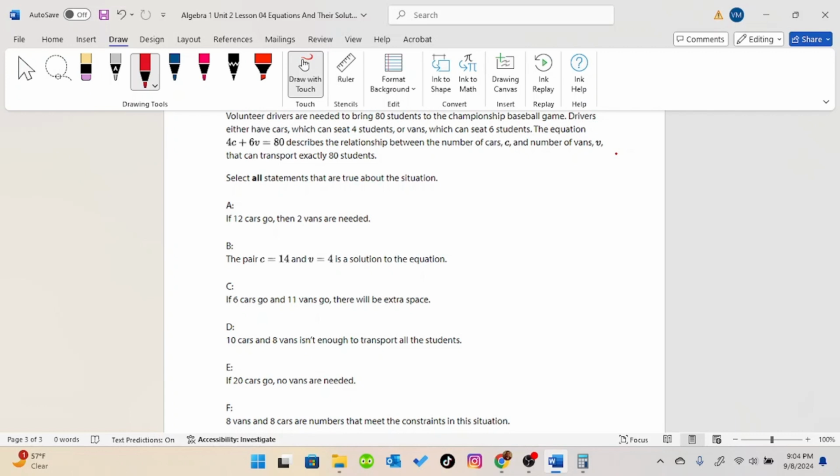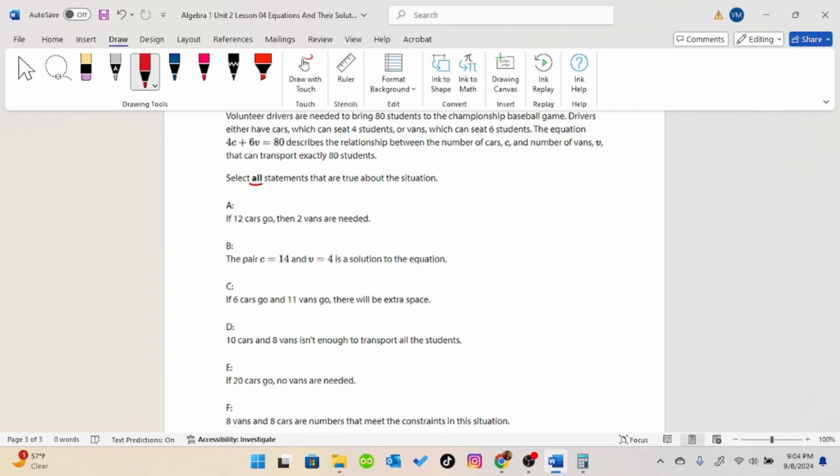The equation 4c plus 6v equals 80 describes the relationship between the number of cars, C, and the number of vans, V, that can transport exactly 80 students. Select all statements that are true about the situation. So notice that it says all. That means we have to check each answer because there can be more than one correct answer.